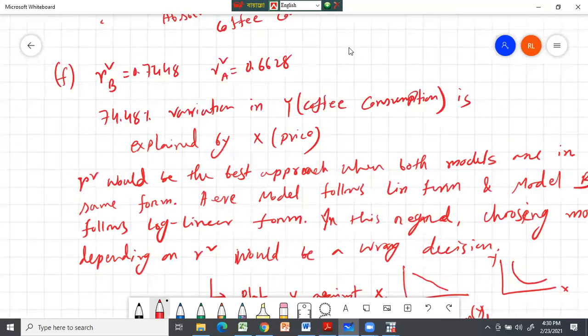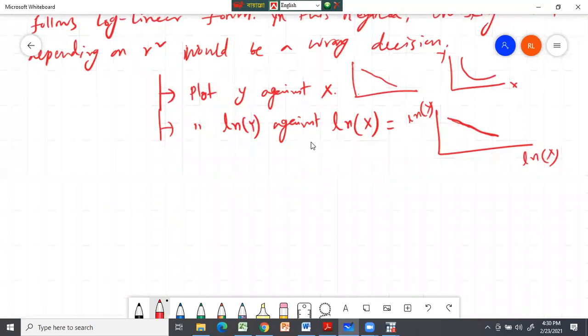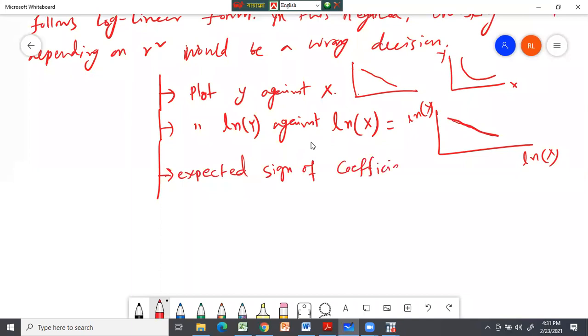কি করব তাহলে? In that case, what you have to look after is, from the output given from these two models, first of all you have to look after the expected sign of the coefficient, or expected sign of the elasticity coefficient. কারণ আমাদের তো দুইটা মডেল, for the first model, linear model, it is known as slope coefficient.